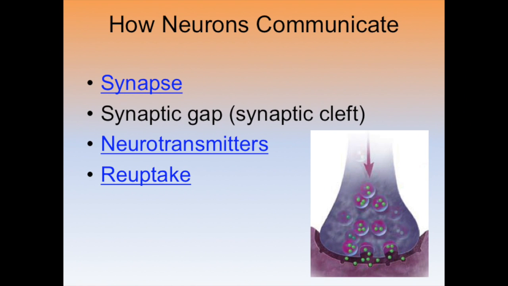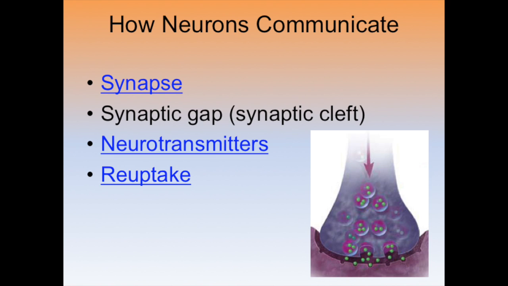Now, how neurons communicate is through synapses, which is the meeting point between neurons. When an action potential reaches the knob-like terminals at the axon's end, it triggers the release of neurotransmitters, which are like chemical messengers. And this happens within 1/10,000th of a second. These neurotransmitters cross the synaptic gap, the space between two neurons, in this time period, and they bind to a receptor site on the receiving neuron.